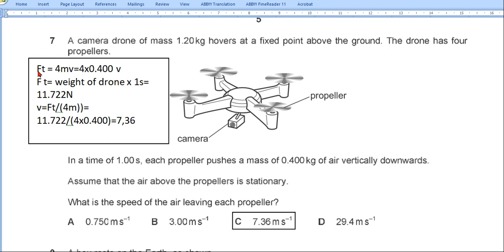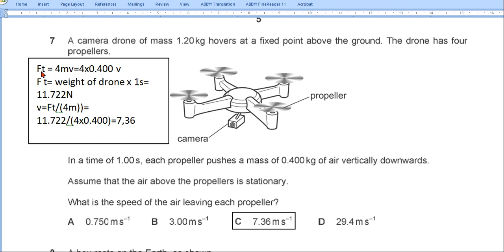So here we use impulse equals change in momentum. First the air is stationary, then it is pushed downwards. Because we have four propellers, we have mass 4m, velocity of air is given. Two forces are acting.